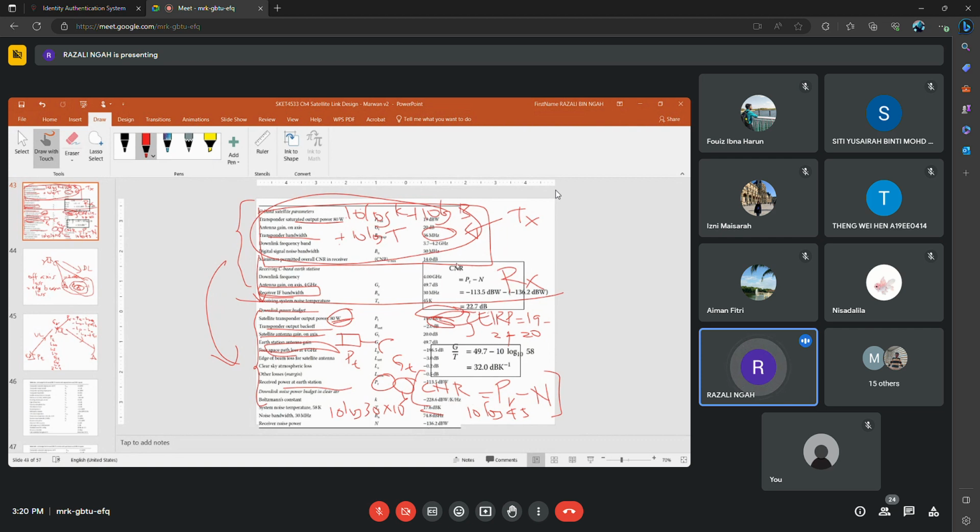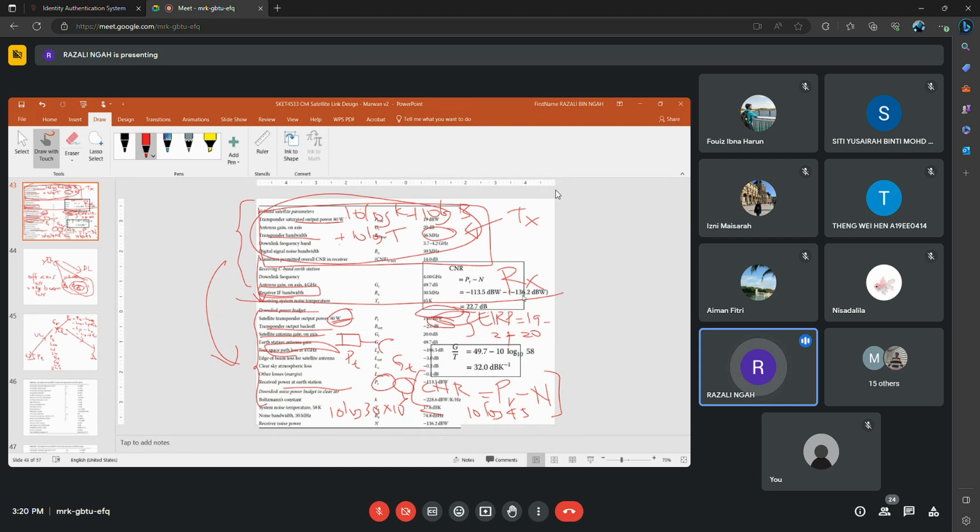Then your carrier to noise ratio is PR minus N. So you have PR is minus 113.5. So you will get minus and minus. Noise power must be negative, because you will get a very high negative value for K. So noise power must always be negative, same as your receive power.